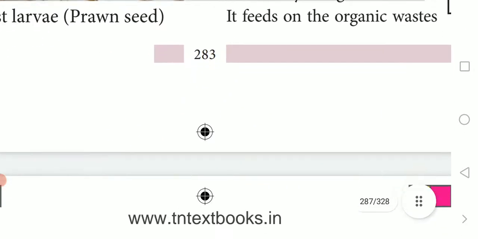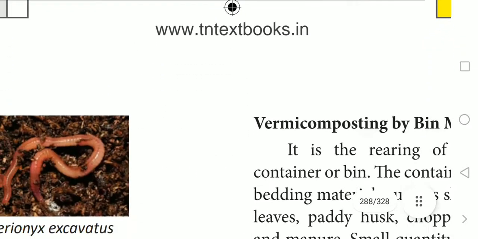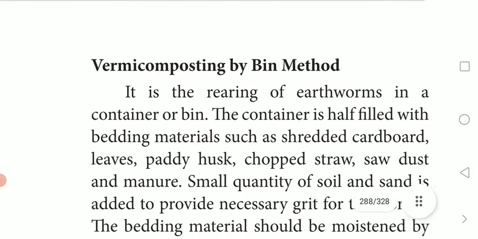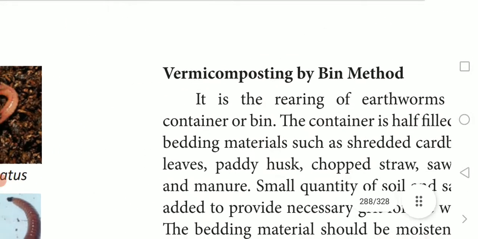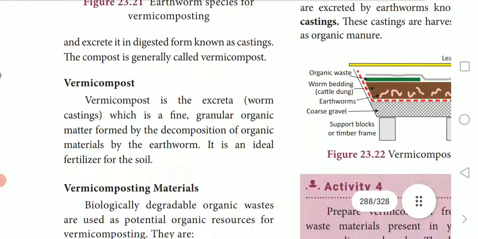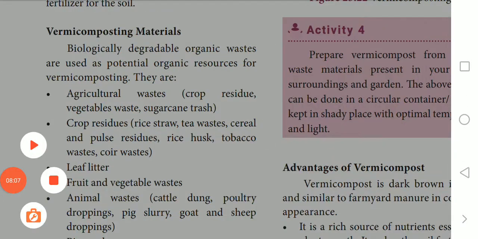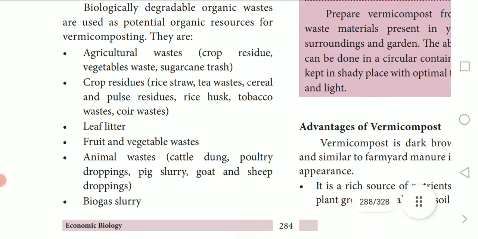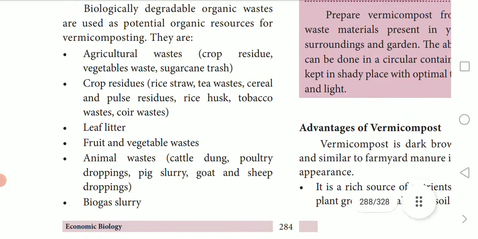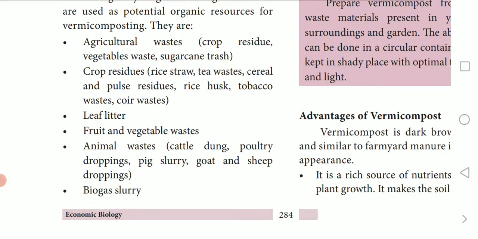The next we'll see is vermicomposting material. Biologically degradable organic waste is used as a potential organic resource for vermicomposting.